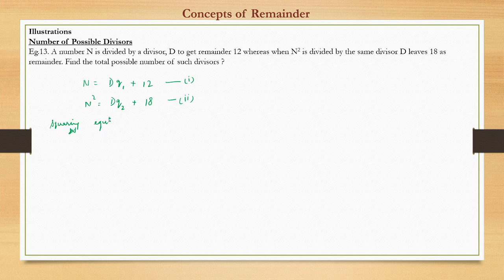squaring equation 1, we get n square is nothing but d square q1 square plus 24 dq1 plus 144, right?